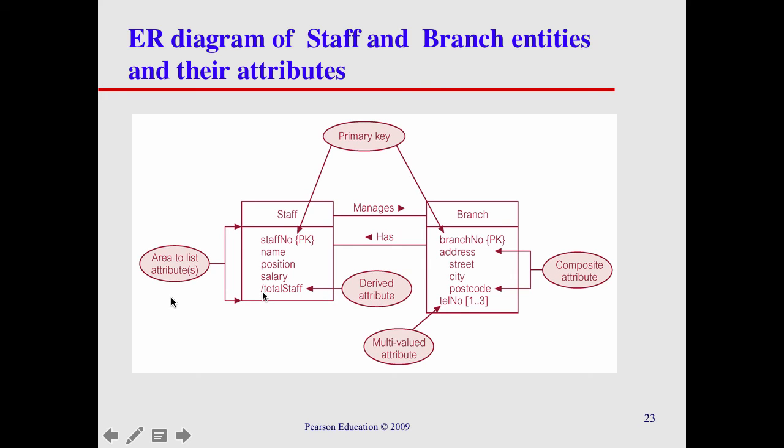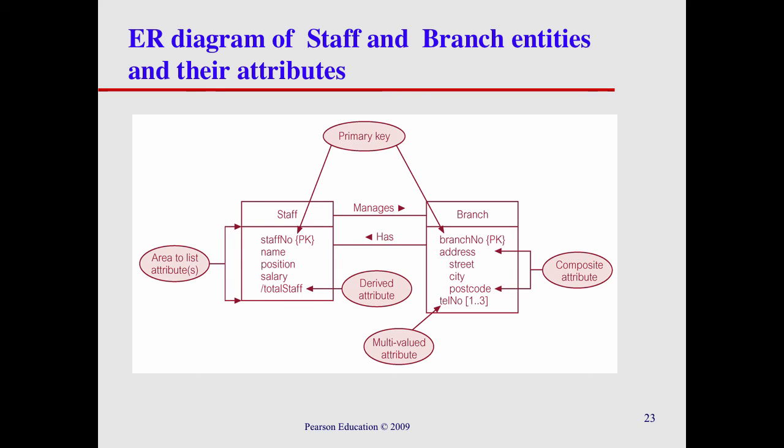Okay, then derived attributes are shown with a slash in front of them. So this is something we might put into a view, but we're not going to explicitly represent in the database. So derived attributes are attributes that are not explicitly part of an entity. They're summary attributes. And then you can see that you list here PK for primary key. Now, this gets the entity relationship diagram pretty cluttered, so the ones you draw are only going to contain the names of the entities.